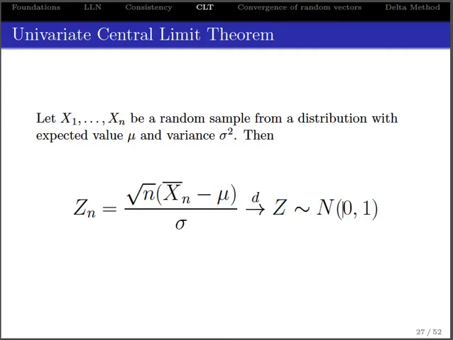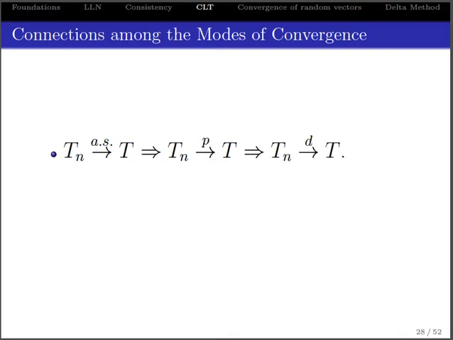This is the standard way of writing the univariate central limit theorem, and this is convergence in distribution. The connections among the modes of convergence are that if Tn goes almost surely to T, then Tn goes in probability to T, and that in turn implies that Tn goes in distribution to T. So it goes in one direction, downhill if you like, from the strongest form of convergence to the weakest.